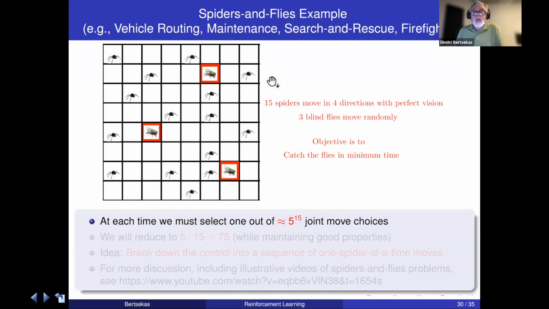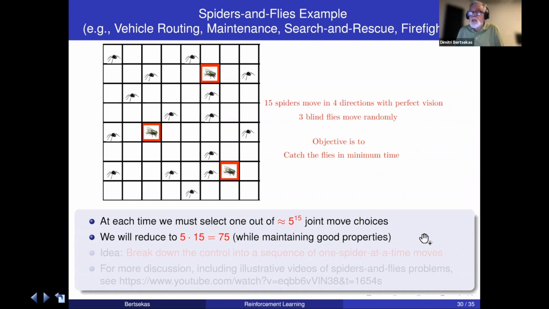So the challenge here is how to select at each stage a joint move for all the spiders. And there are 5 to the 15 possible joint moves, because there are 15 spiders, each one has 5 possibilities. With our methodology, we're going to reduce the 5 to the 15 to 5 times 15, which is much more manageable, while at the same time maintaining good algorithmic properties.